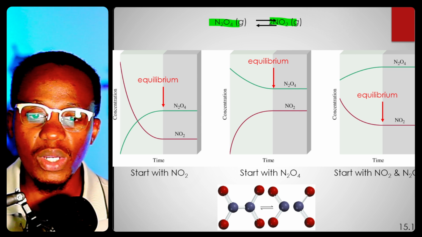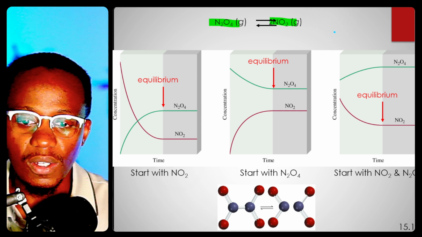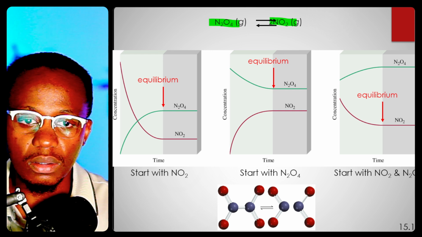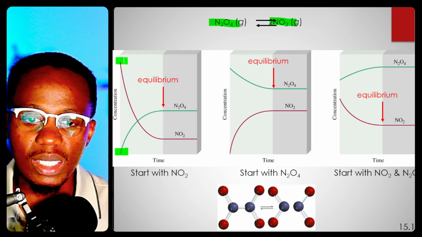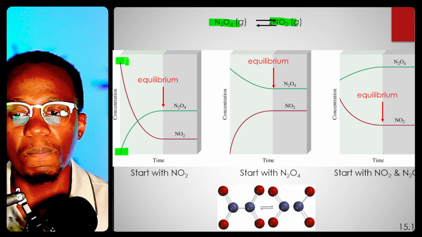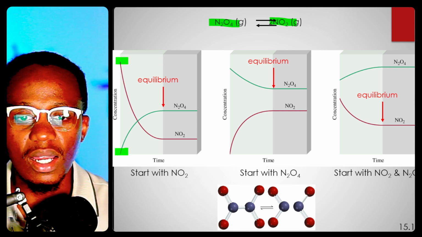But they reach equilibrium, right? They reach equilibrium when, so look at this. This is a concentration graph, right? And with this concentration, you start with 0 product and maximum reactants, right? And then guess what?